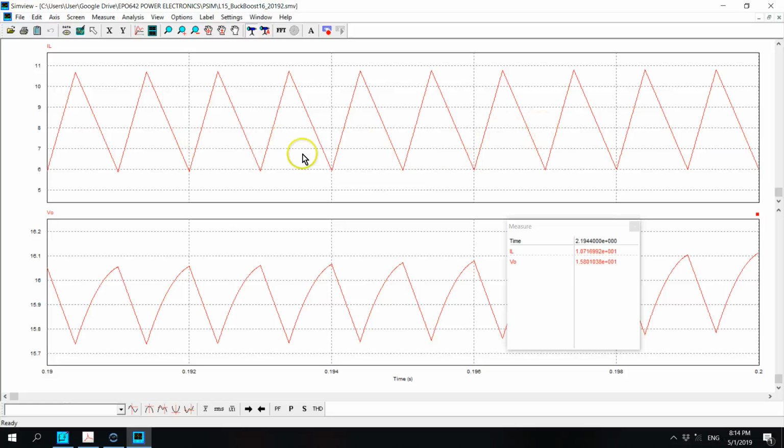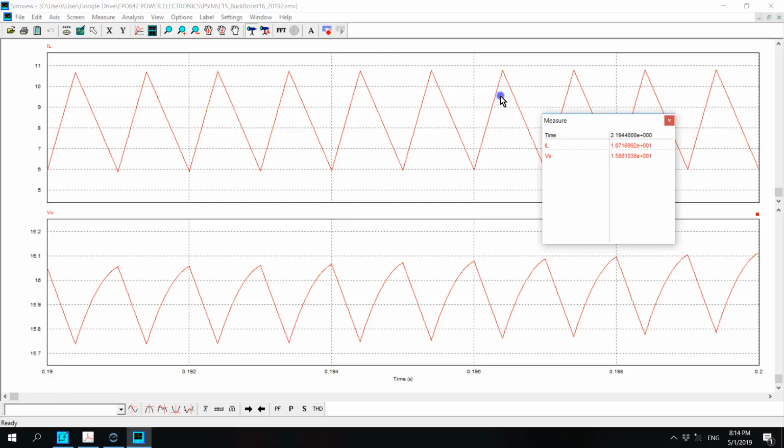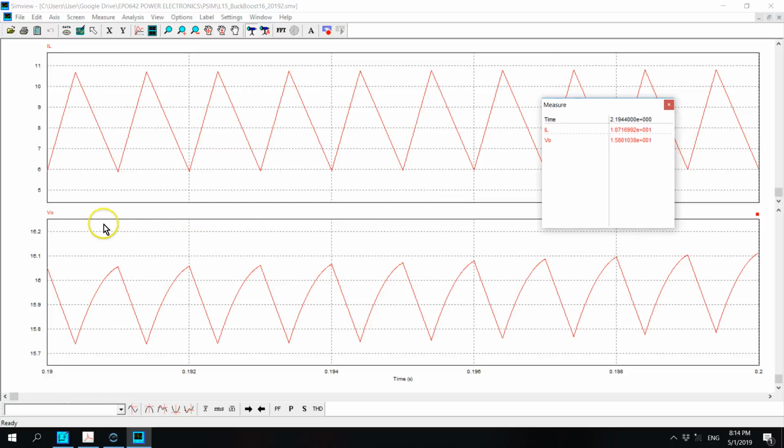If you look carefully, you can see that the inductor current in this cycle is not the same as the following cycle, isn't it? Also, the output voltage is not symmetrical. The output voltage is still climbing, and this peak keeps on increasing. So we have not yet reached the steady state.